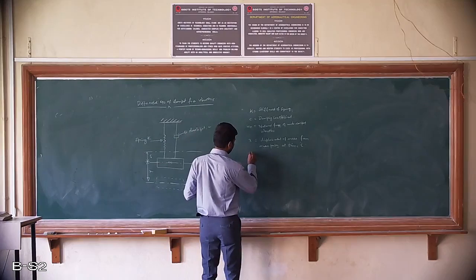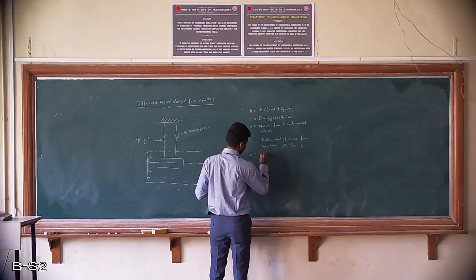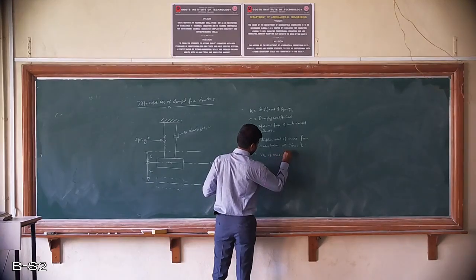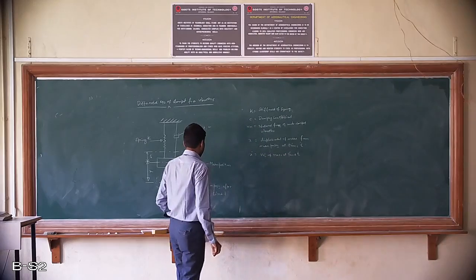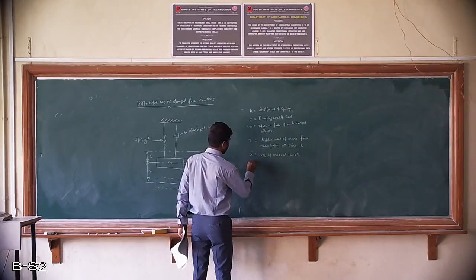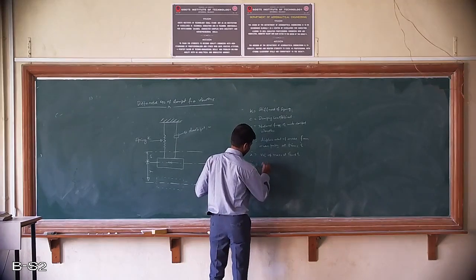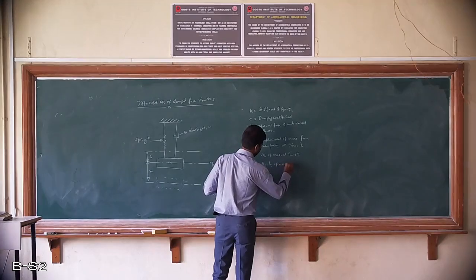X dot is equal to velocity of mass at time t, and x double dot is nothing but the acceleration of mass at time t.